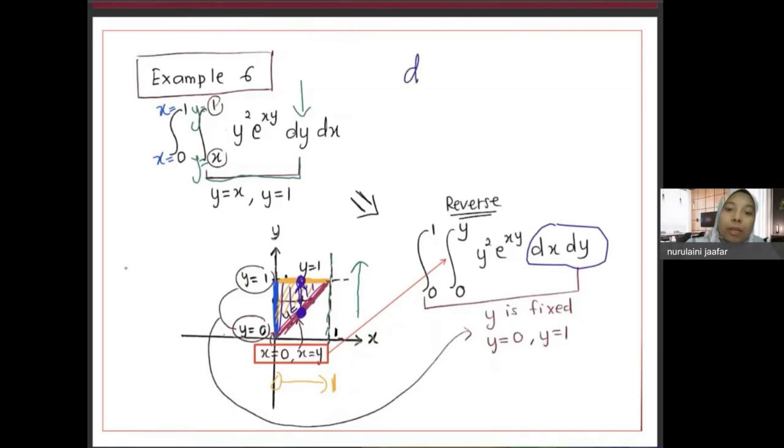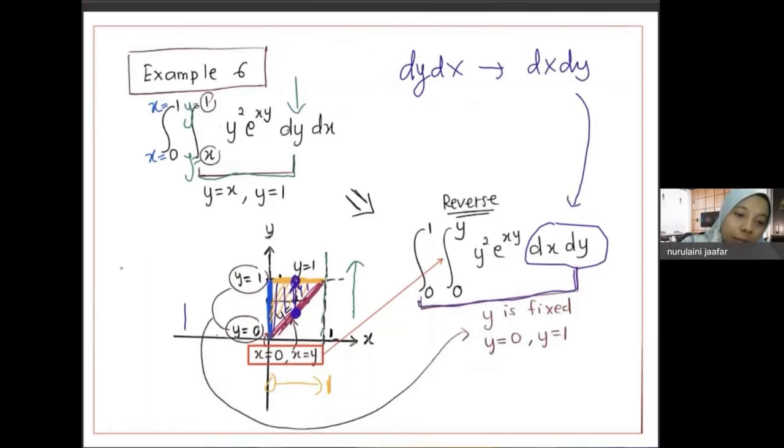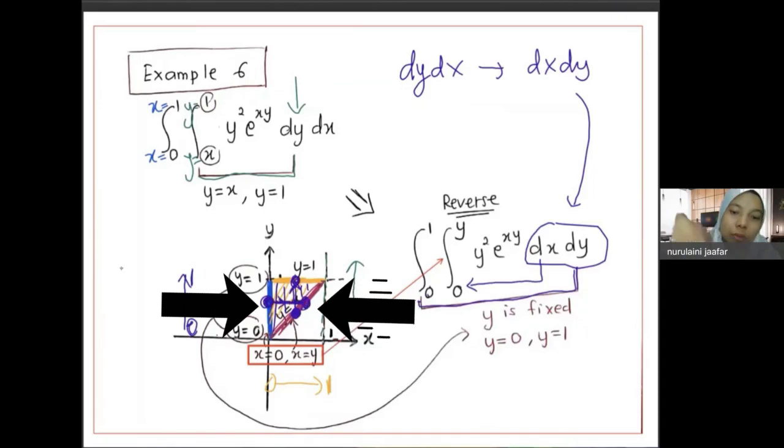From dy dx, you change to dx dy and find the limits. dy is 0 to 1. Then for dx, the first line is x equal to 0, and then we move to the second line, x equal to y. So that's why you get 0 to y.